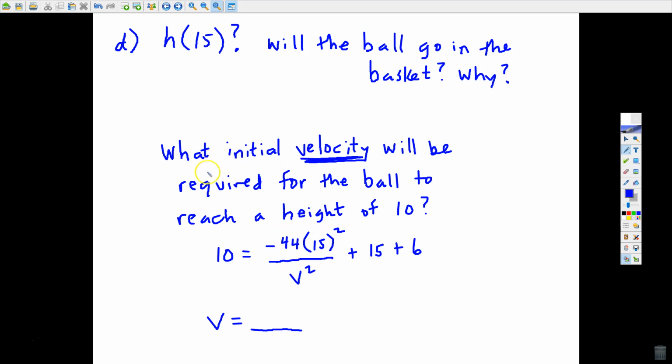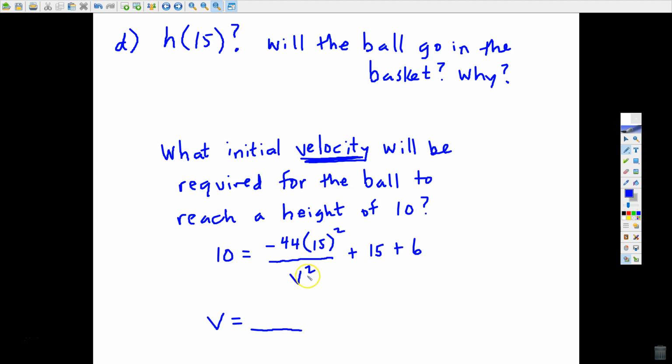And then what you're going to find out is it's not. Okay, I'll just go ahead and set you up. It's not going to go in, and just be ready to tell me why. Well, it's all about the initial velocity. We can't change the fact that the goal is 10 feet high. You do stand 15 feet away. That's the rule.